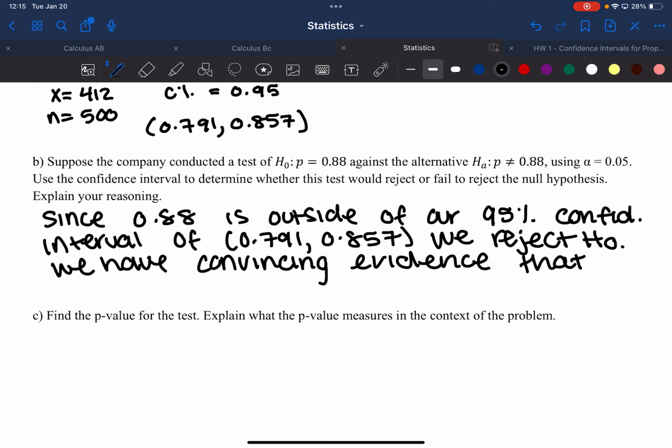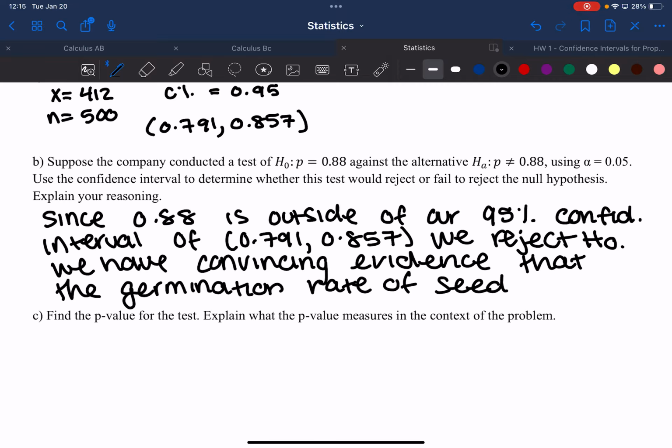So remember, we look back at the alternative. And what was the alternative hypothesis? It's not 0.88. So we have convincing evidence that the germination, remember we have to tie back to our context, our germination rate of seeds is not 0.88.